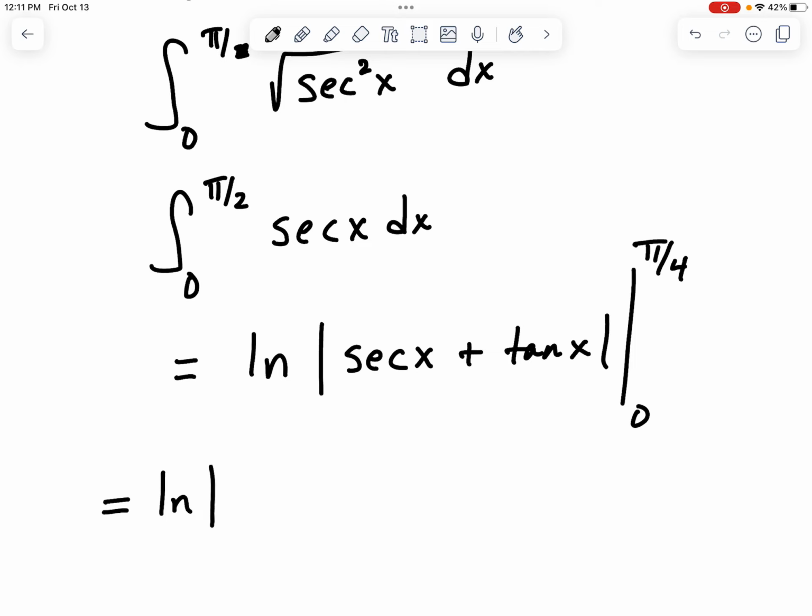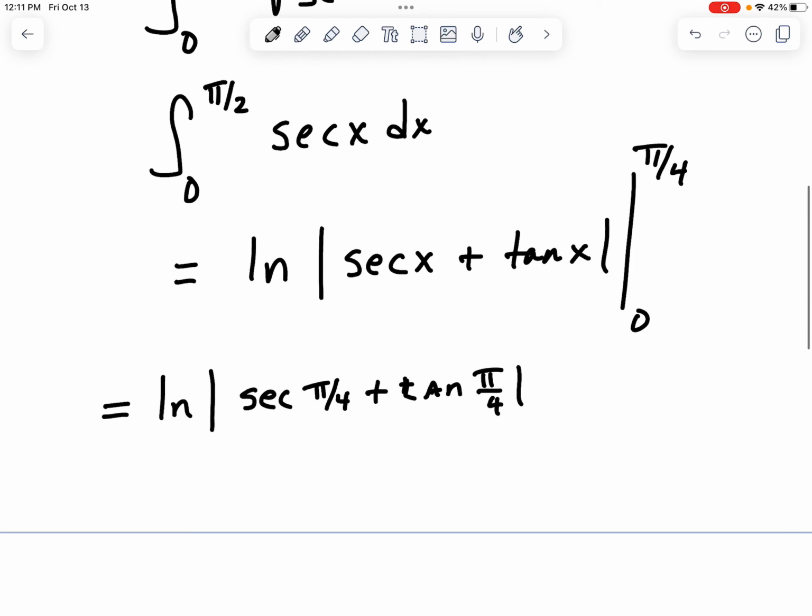So the natural log, what is secant of pi over 4 plus tangent of pi over 4? And then minus the natural log, and what is secant of 0, plus what is tangent of 0.